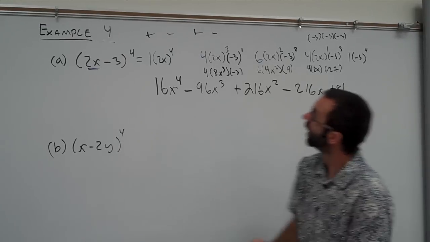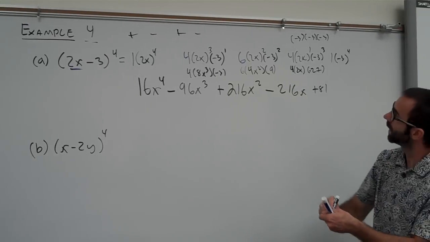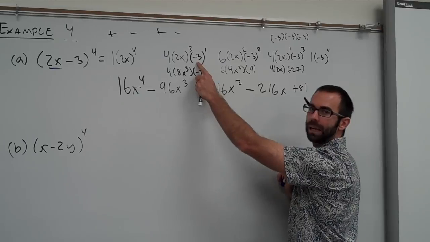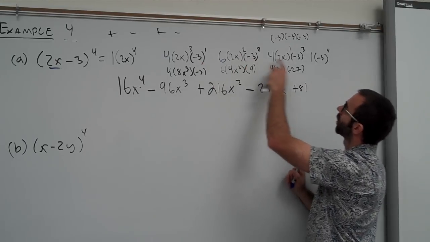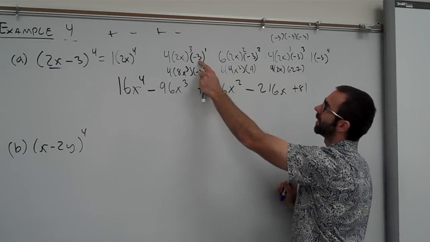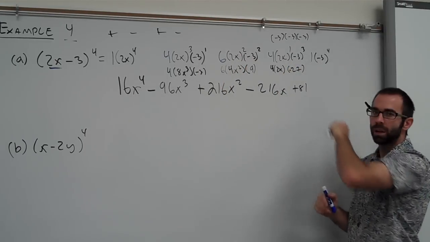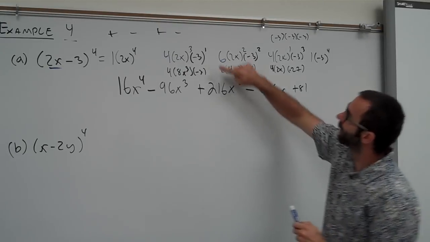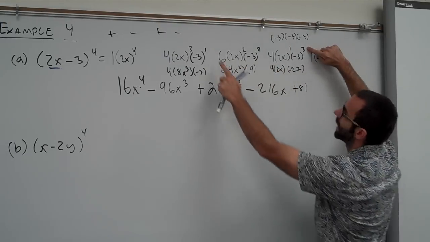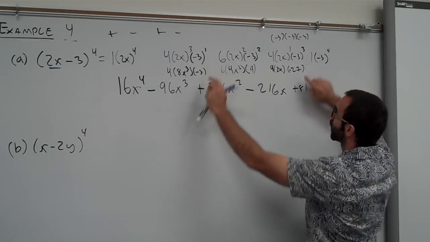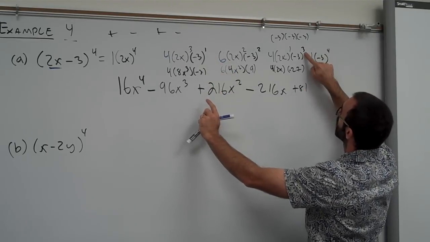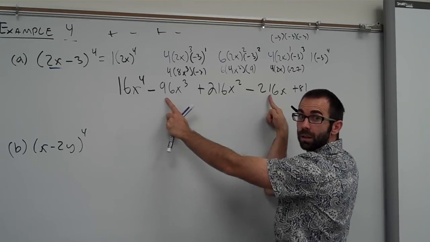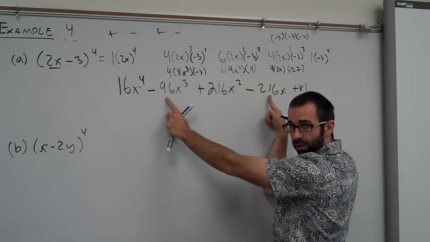Let me just make a note here real quick before we go on to our second example. If you have a negative base, this is a review if you've forgotten, if the exponent is odd, you always get a negative answer.